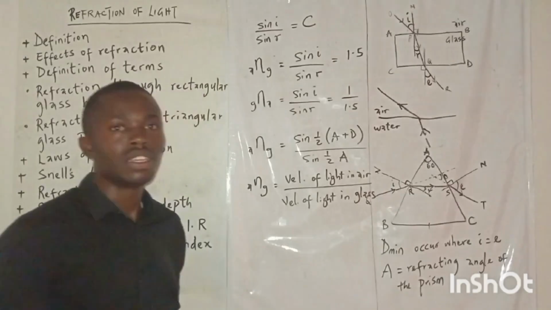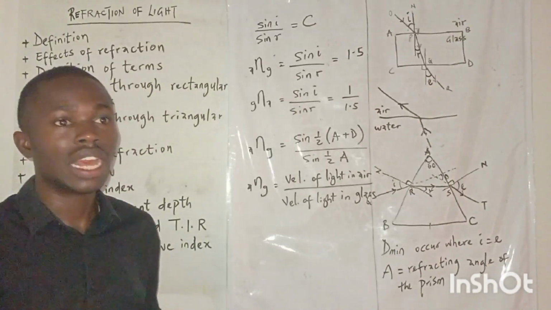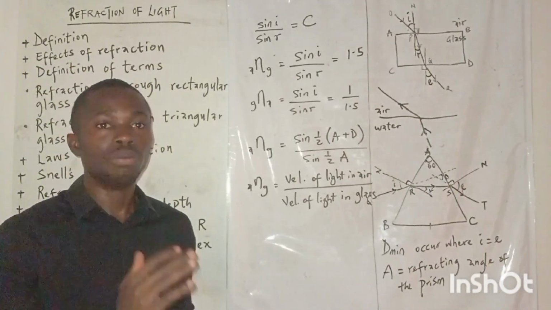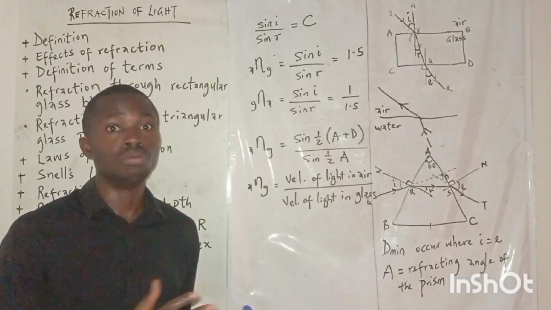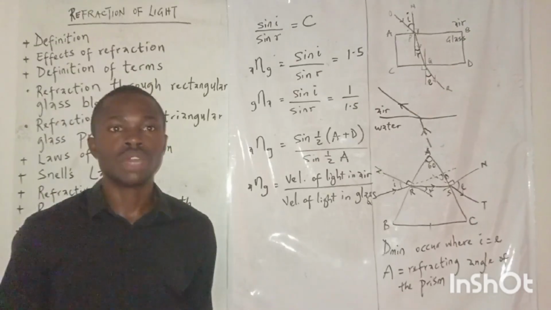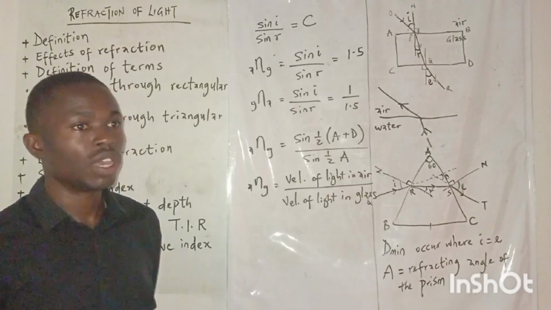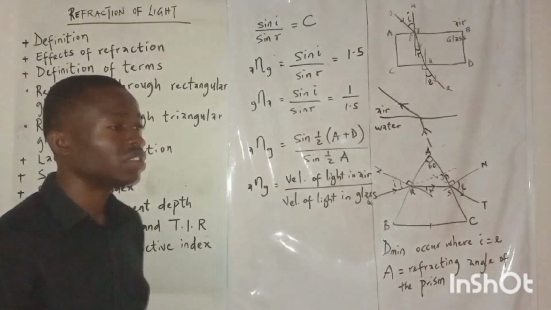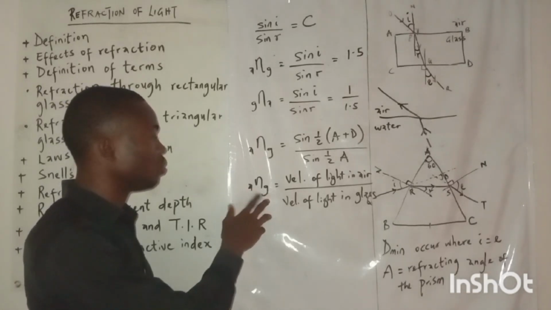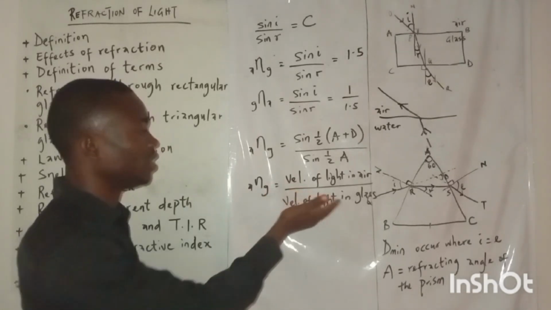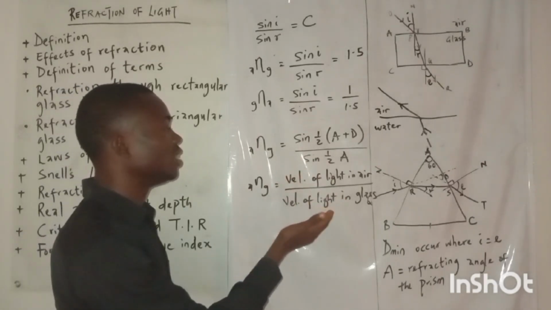Remember that in the introductory part of this class, I mentioned that the bending occurs due to the difference in the speed of light in the two media. And then we can also use that to express the refractive index. So the refractive index, when light travels from air to glass, is the velocity of light in air all over the velocity of light in glass.